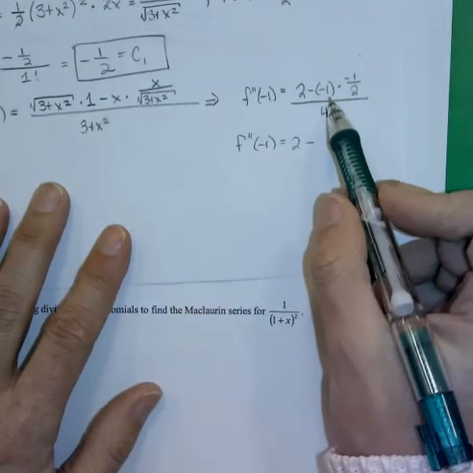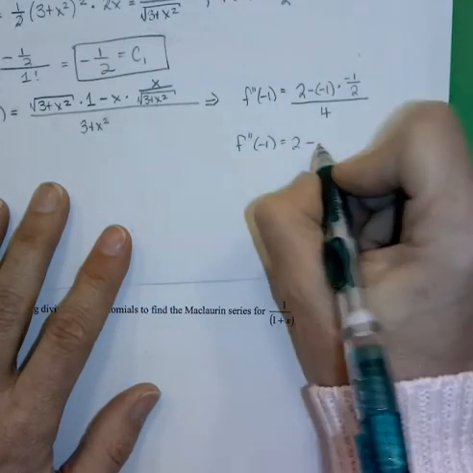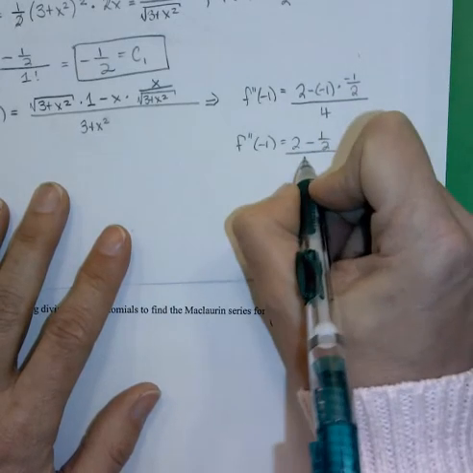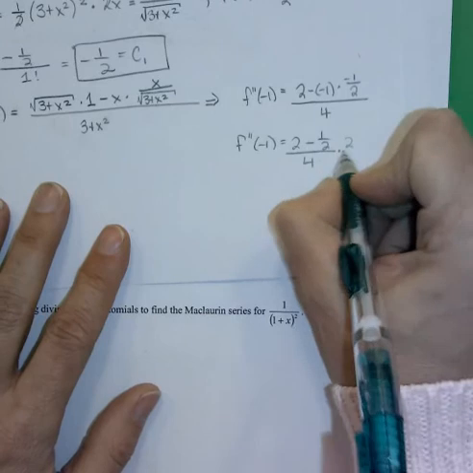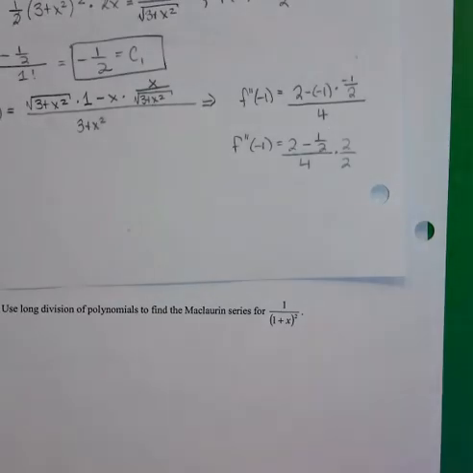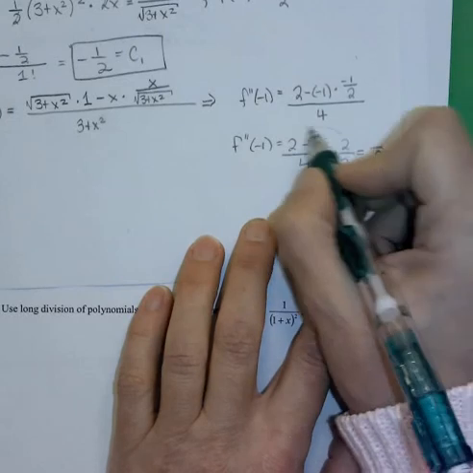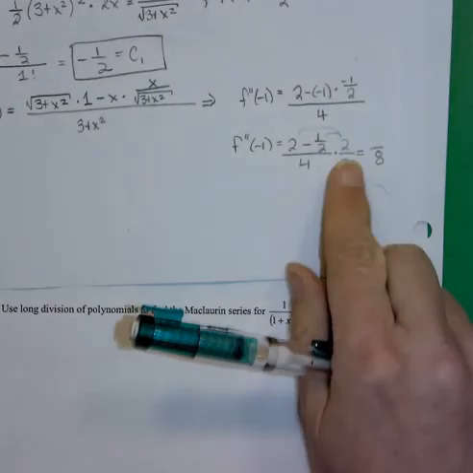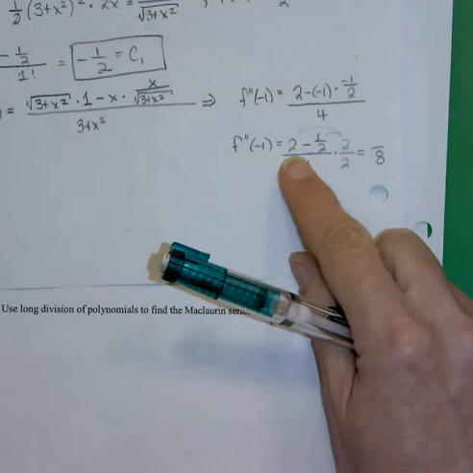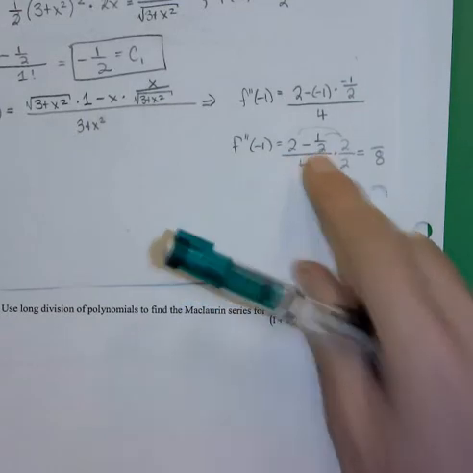And I'd have just 1/2 over 4. I'm just going to multiply top and bottom by 2. And think of distributing. 2 times 2 is 4. 2 times 1/2 is 1. So I'd have 4 minus 1, or 3/8.